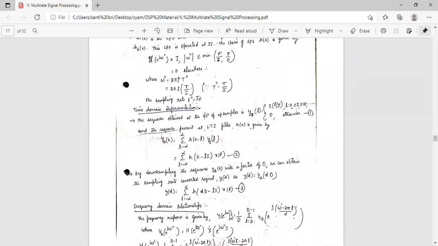By downsampling the sequence y2 of k with a factor of D, we can obtain the sampling rate converted signal y of n as y of n equal to y2 of n into D. In the sense this is a decimator.